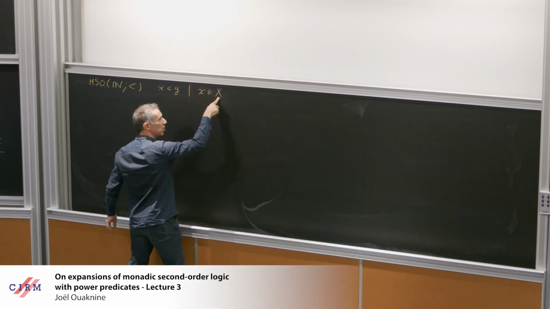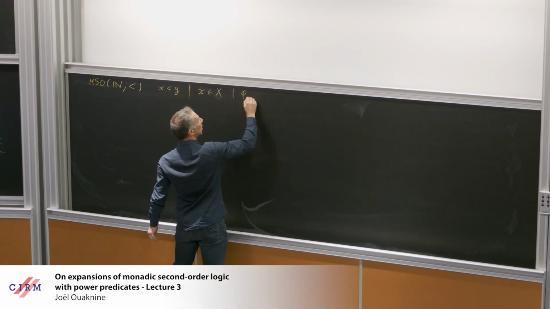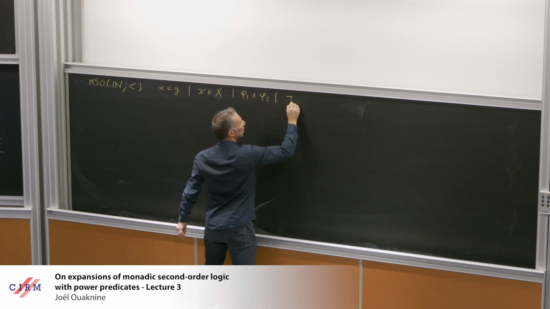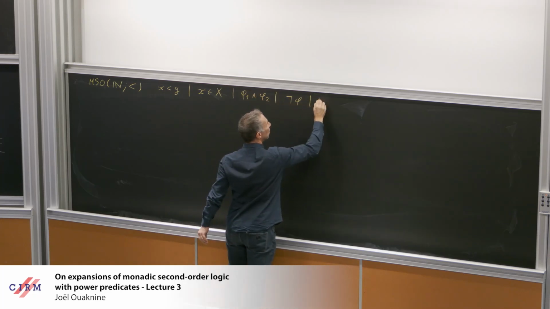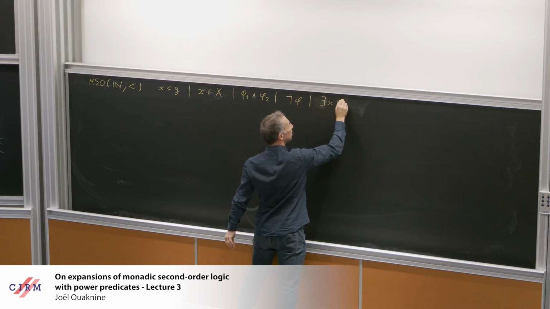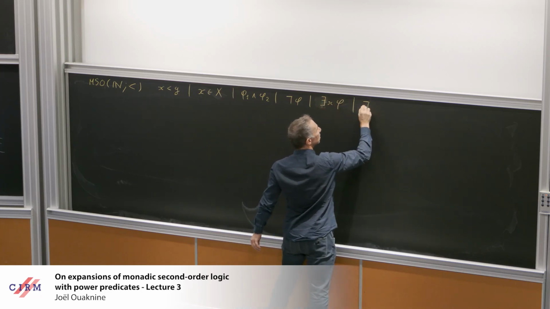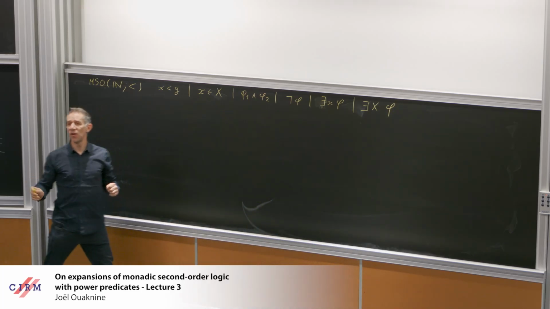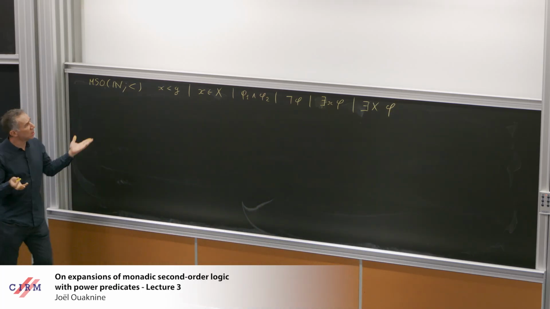This is a set of integers. I can write phi1 and phi2. I can write not phi, and I can write there exists x such that phi. I can write there exists capital X such that phi. This is the syntax of MSO, if you recall.